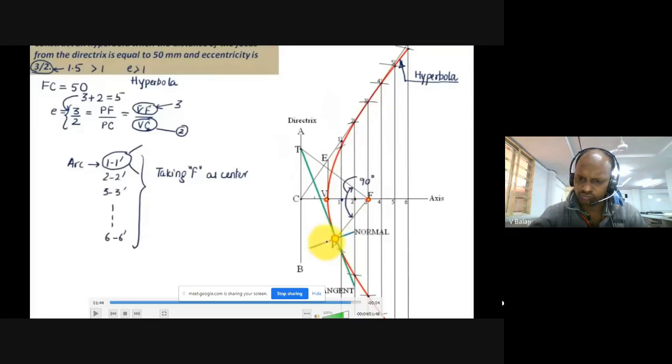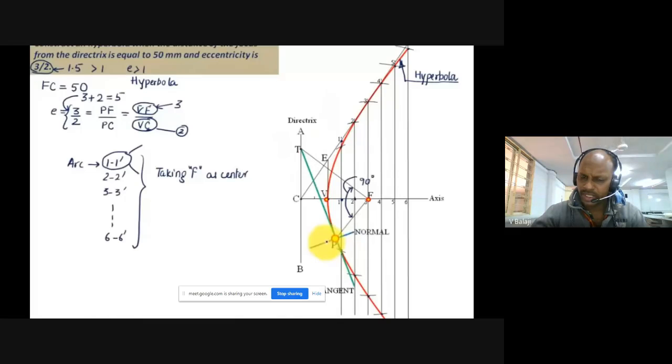You will have some applications of tangents and normals. In classical mechanics, while projectile motion is there, we find some angles. If a cricket ball is travelling with a velocity at an angle, there we will have some applications.